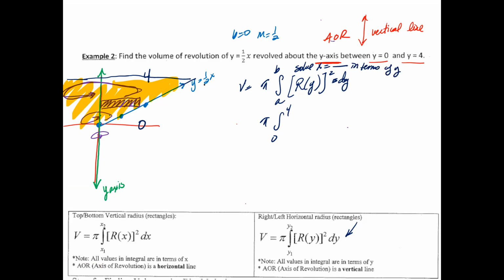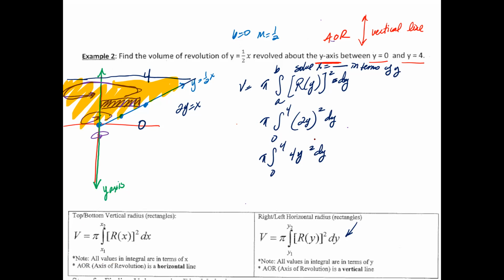Well, this is not solved for x, so you have to solve for x. Let's multiply by 2 on both sides, and you have x equals 2y. So then here, I'll have (2y) squared dy. Well, that's just going to give me 4y squared dy.